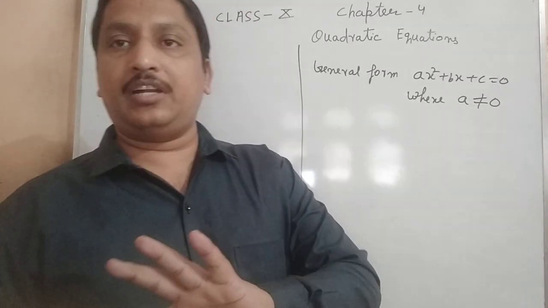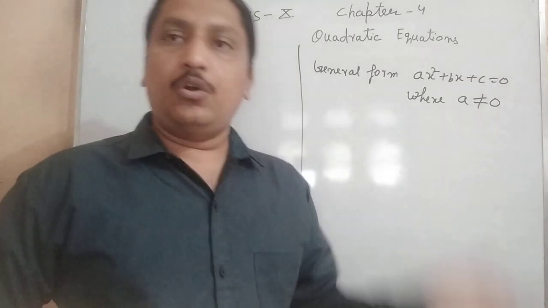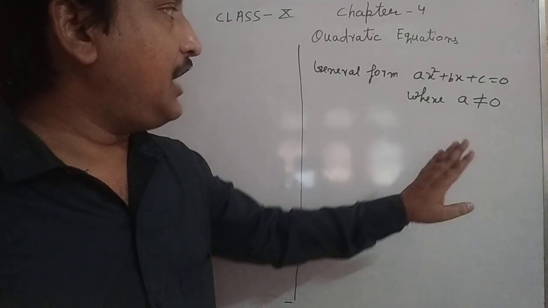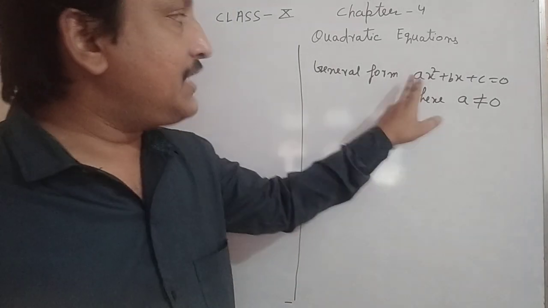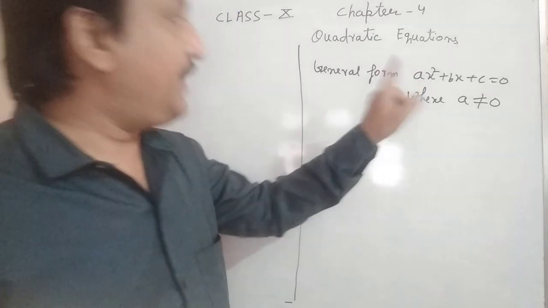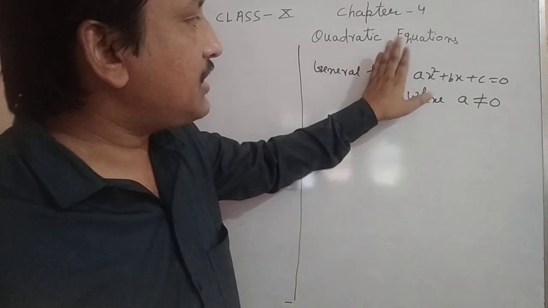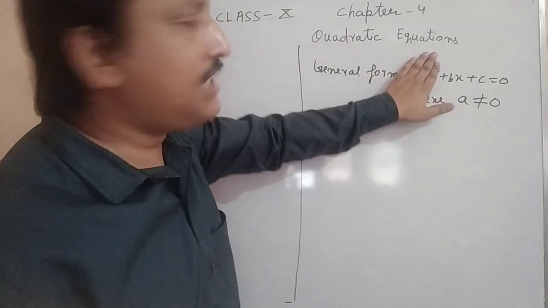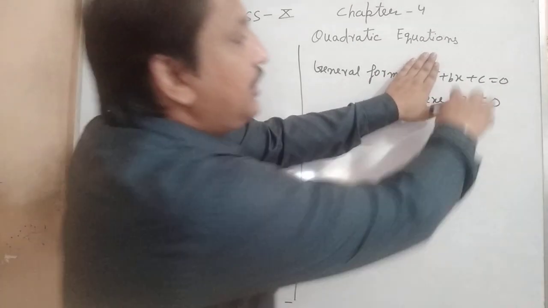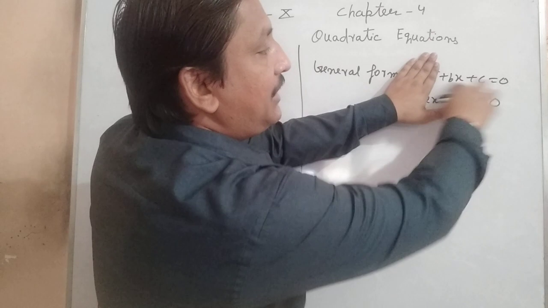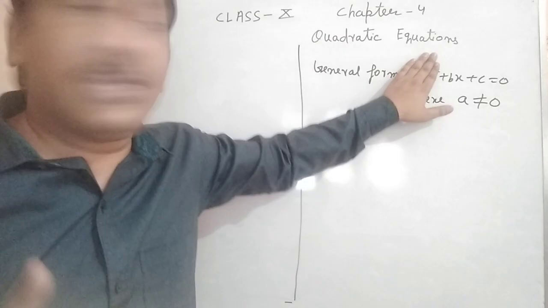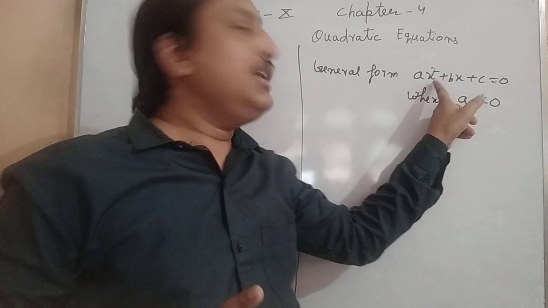If the equation has a degree less than 2 or more than 2, it is not quadratic. So see, if a is 0, then the equation becomes bx plus c, because this term is 0. So this has a degree 1, so this is not quadratic. That's why a cannot be 0.